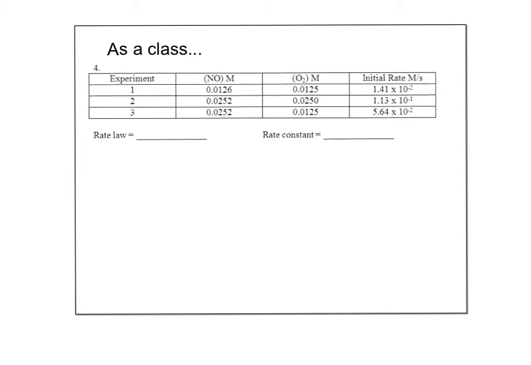So I see 2 different things. Let's look at experiments 2 and 3. And I see that the concentration of NO is constant. The concentration of O2, from 2 to 3, actually halves itself.